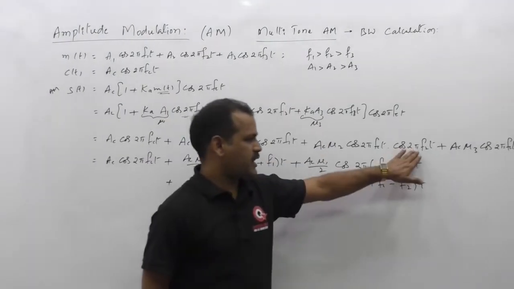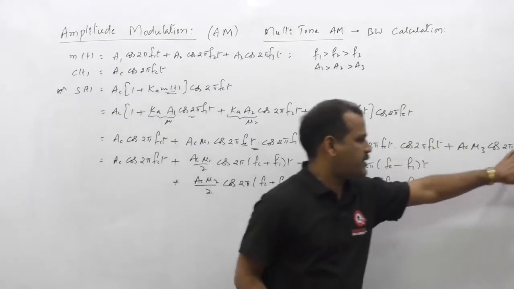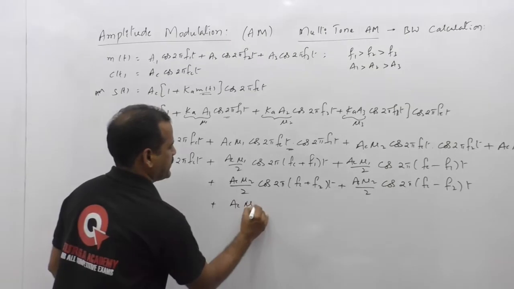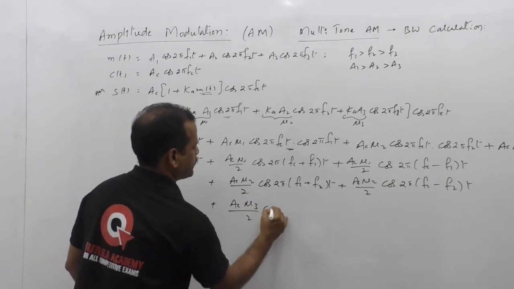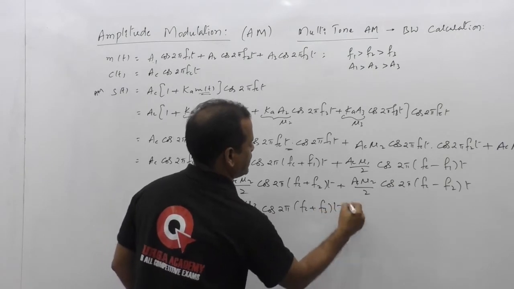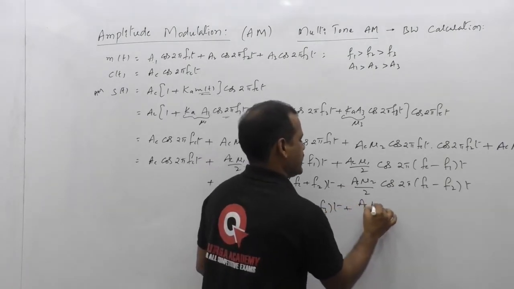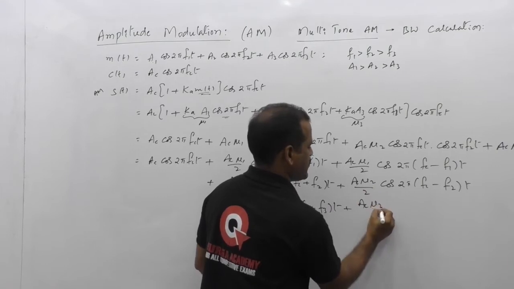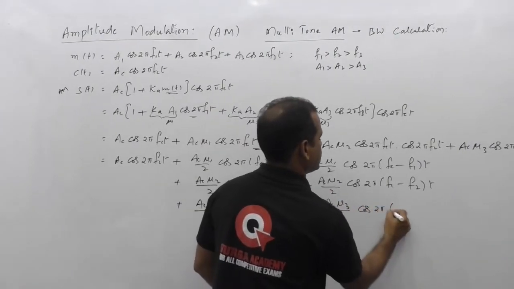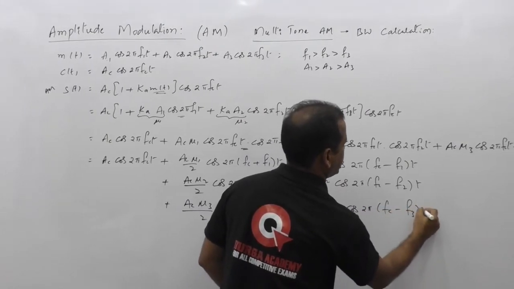For this third cos C cos D product, similarly we can apply it for the f3 term. In a similar way we will get AC mu3 by 2 cos 2 pi fc plus f3t, and the last term is AC mu3 divided by 2 cos 2 pi fc minus f3t.